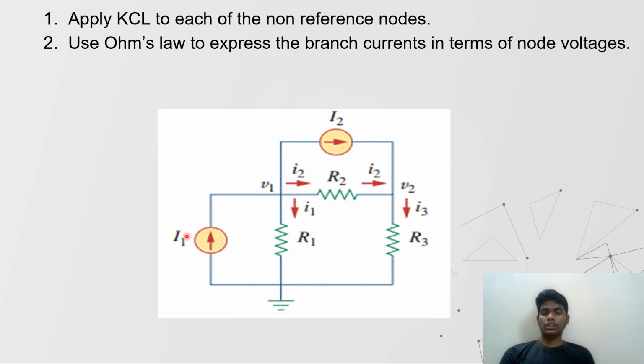Here I1 refers to the first current source and I2 refers to the second current source. R1, R2, R3 are the resistors, V1 and V2 are the node voltages, and I2 is the current flowing from the I2 source and I1 is the current from the I1 source, where I3 is equal to I1 plus I2.